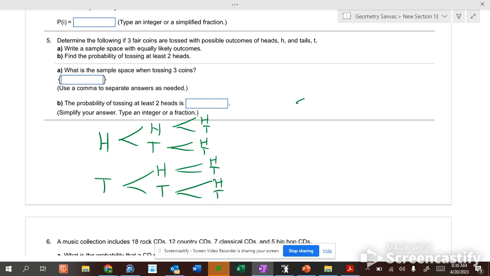Now, what I'm going to write out now is called my sample space. My sample space is what the result is.